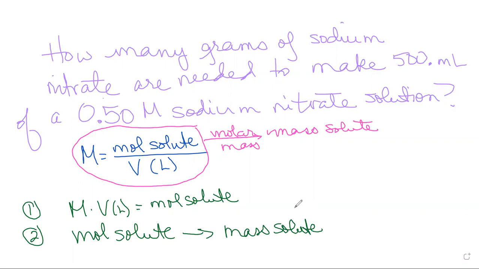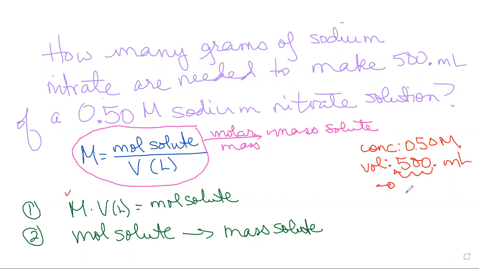Okay, so let's go ahead and organize our information from the problem before we do any calculations. So are we given concentration? Yes. Our concentration is 0.50 molar. Okay, so that's good. We have this. What about the volume? It's 500 milliliters. So we need to convert that to liters. And if we move our decimal point, because we're dividing by 1,000, it's 0.500 liters. So now we have this. So we can do step 1 to get the moles of solute. So that's good.